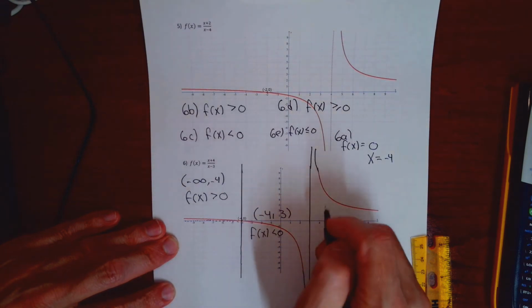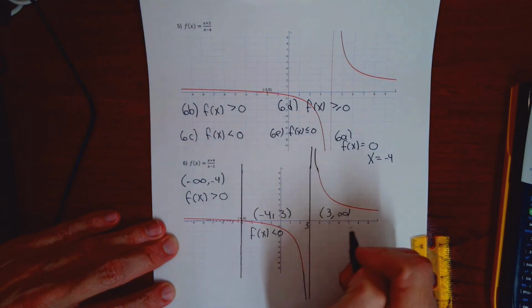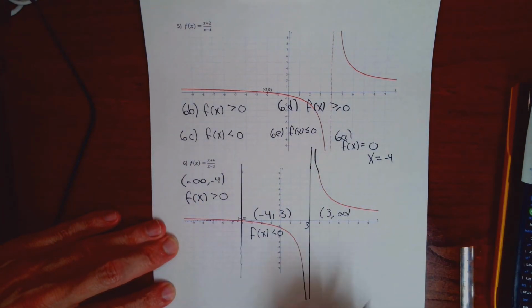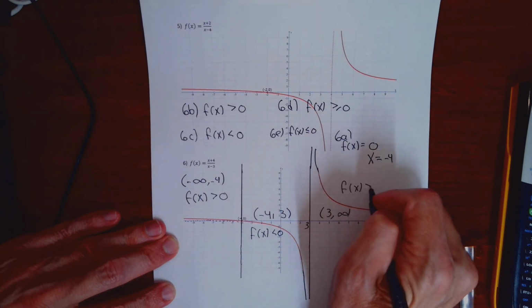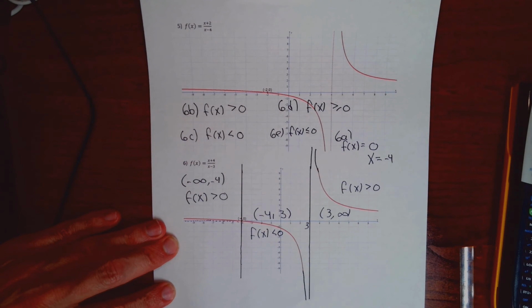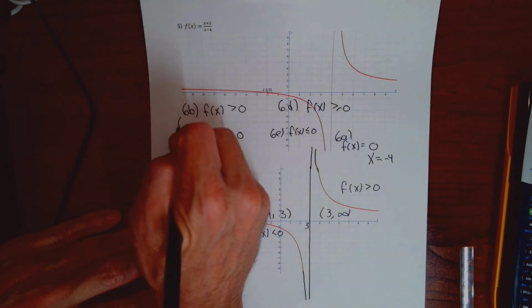My last interval is going to go from 3 to infinity, the x-coordinate of the vertical asymptote, to the end of the graph. And this graph is above the x-axis, so this portion is a solution to f of x is greater than 0.